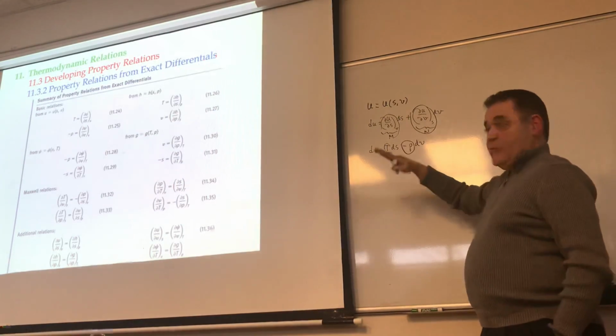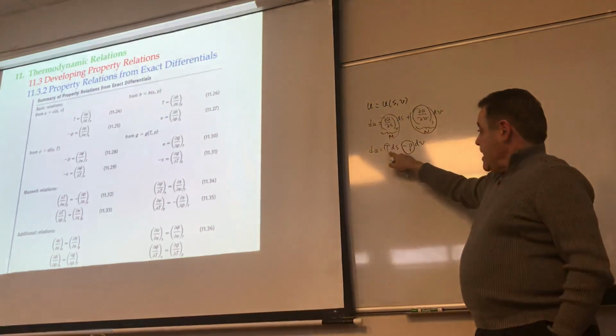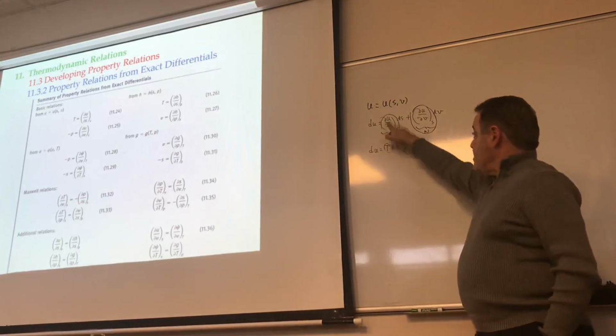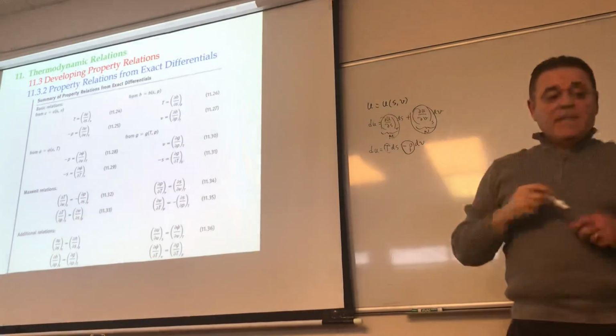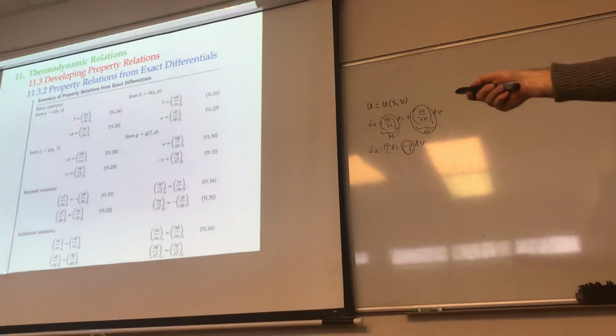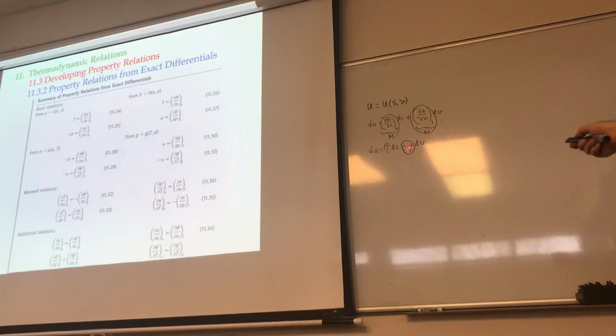That means no ambiguity, you know? Maxwell says that for these two to be equal, T has to equal dU over dS at V, right? And that's why you see here, T is equal to dU over dS at V. And again, minus P is equal to dU over dV at S. You see? Without differential math, there's no way in the world you would get those types of equations.